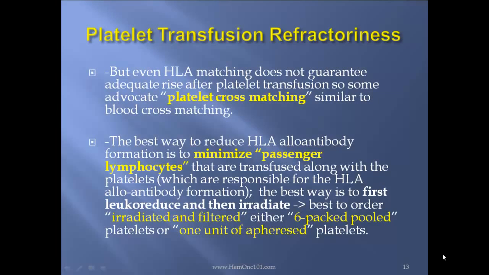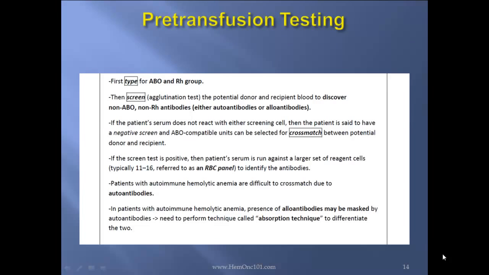apheresis platelets. Pretransfusion testing. 1. Type for ABO and RH group. Next, screen the potential donor and recipient to discover non-ABO, non-RH antibodies, either autoantibodies or alloantibodies.